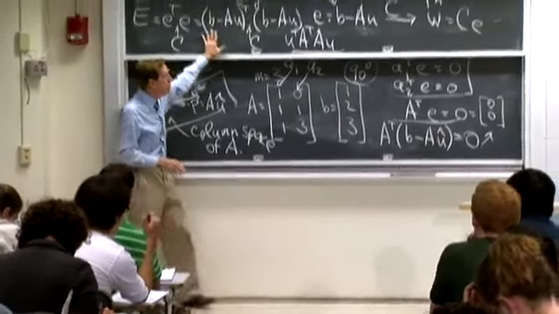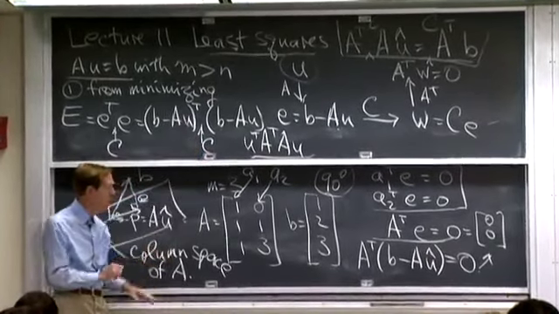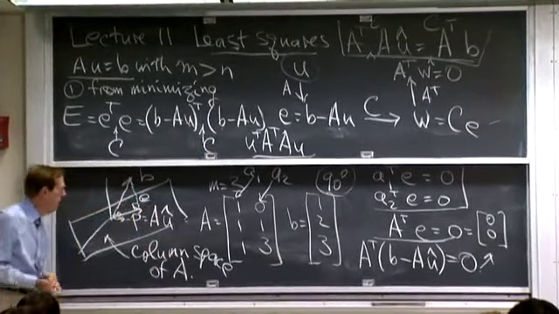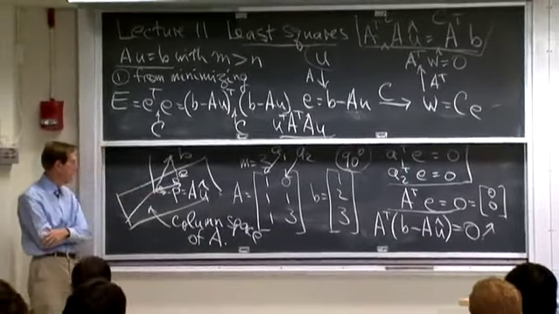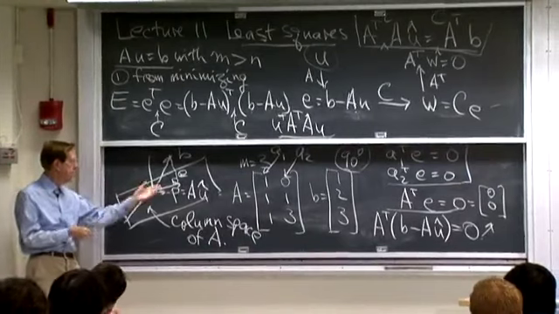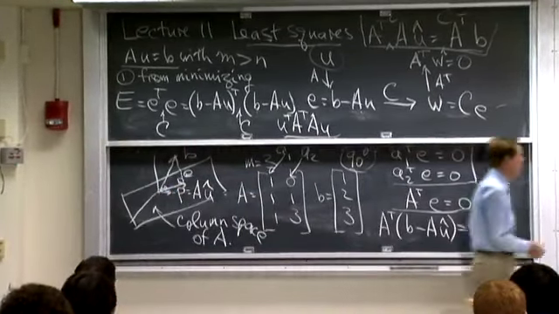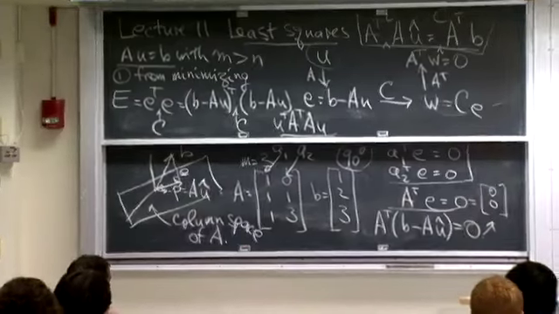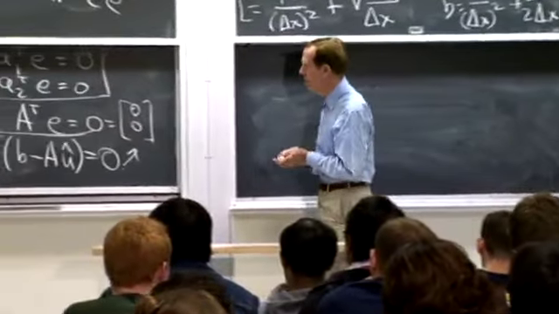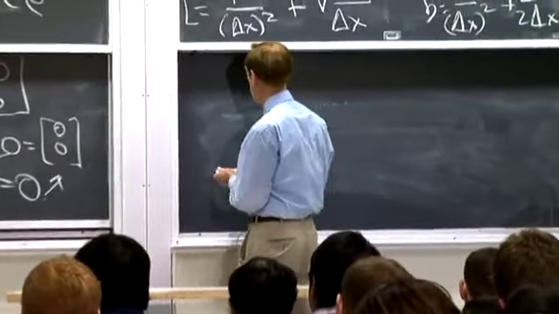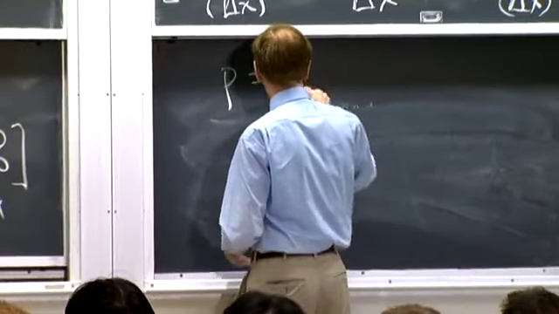I didn't go through the steps of taking the derivatives, but that would work. Or this picture. I love this picture. Let me stay with that a little bit longer. What is U hat? Can I just go over here to say, okay, what have we got here? We started with A U equal B, and then we got the projection was A U hat.